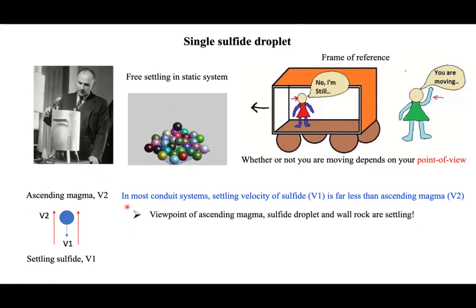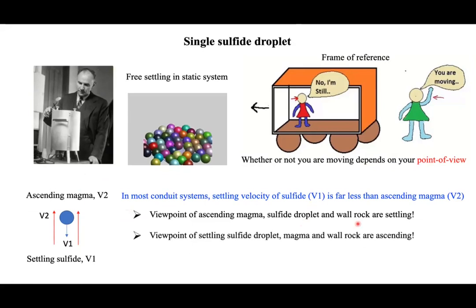So if we take the viewpoint of the ascending magma, we should think, oh, the sulfide droplet and also the wall rock are both settling. But if we take the viewpoint of the settling sulfide droplet, the magma and the wall rock are all ascending.